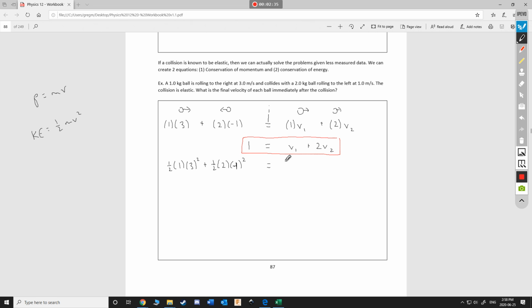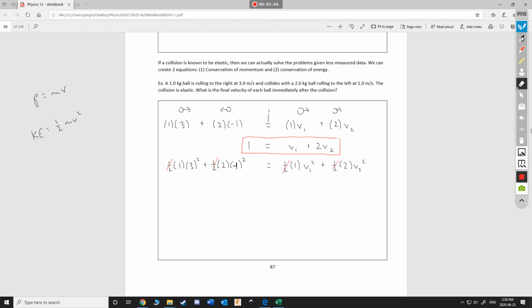That's equal to 1/2 v1 squared plus 1/2 times 2 v2 squared. Now, because every term has a 1/2, I can simplify that out, and that's going to go away. So I end up with 1 times 3 squared, that's 9, plus 2. So I got 11 on the left side.